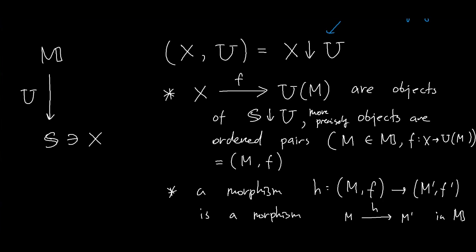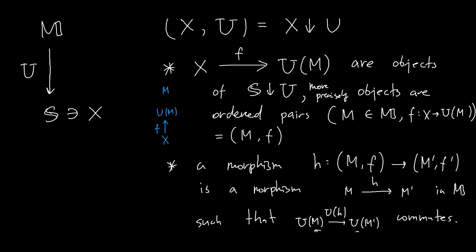And visually, we can visualize these ordered pairs as X going up into UM, but we also want to write M separately because we want to keep track of M. We don't want just to know what UM is, we also want to know what M is. So you're happy with that? Yes, sir.